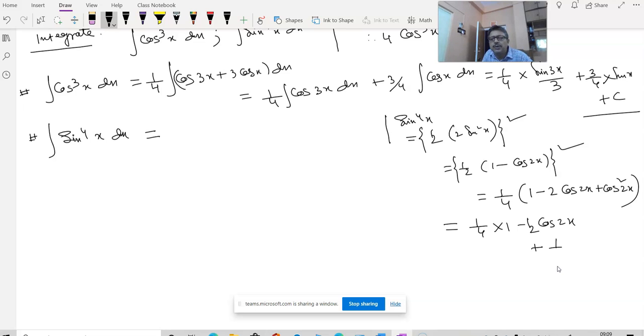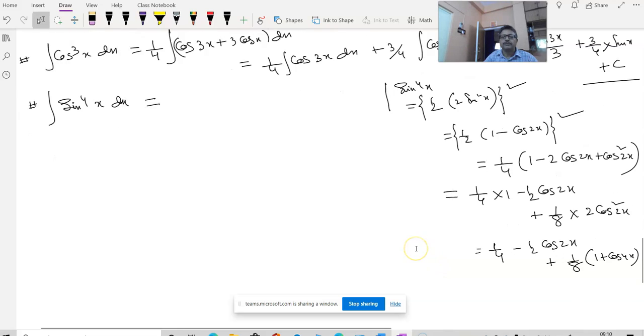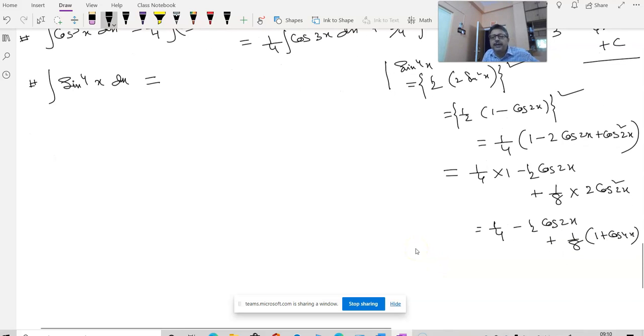This one I will be writing as 1 by 8 into 2 cos square 2x. 1/4 minus half cos 2x plus 1 by 8 into 1 plus cos 4x. Now take 1/4 and 1 by 8 together. 3 by 8 minus half cos 2x.